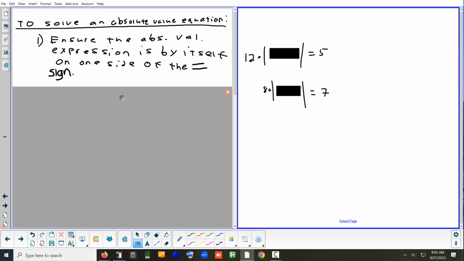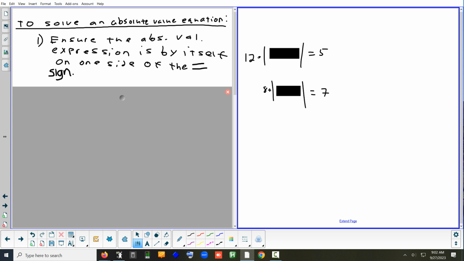It could be added or it could be subtracted here. But the point is you've got something on the outside of the absolute value. So you're usually multiplying or adding. Can you solve the problem when you have something on the outside of the absolute value? Yes, you can still solve it. We just have to make sure we take that number and move it to the other side first.